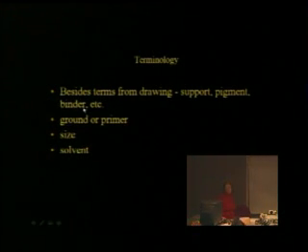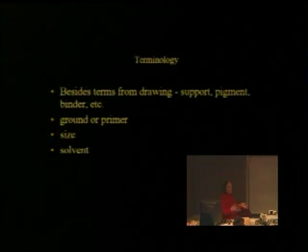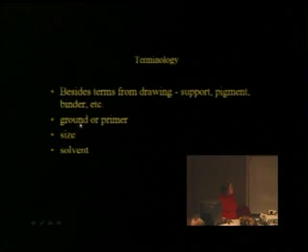Binders are the things that hold the pigment together, and actually binders are very important for painting because they are really the thing that define what kind of painting you're looking at. And so I'll talk a lot about the binders. But then in addition to that, we have what is called a ground or a primer.